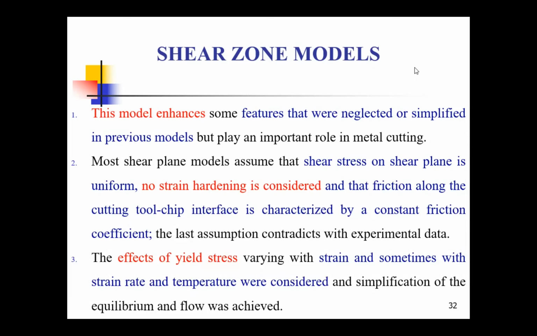So the software develops a model considering the strain rate, temperature, strain hardening coefficient and all these things. That's why it is a complex model, and that's why the computational times are higher in the software packages used for machining simulations.